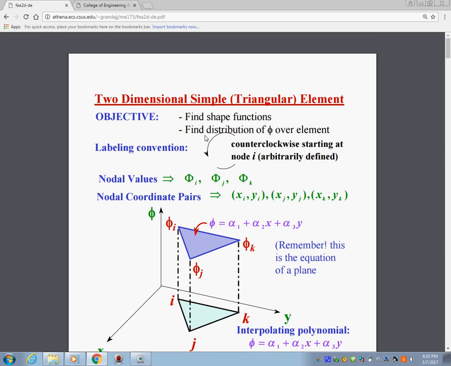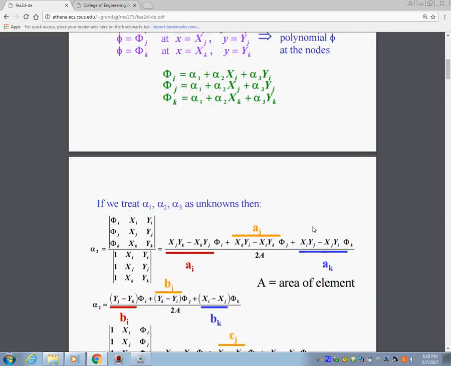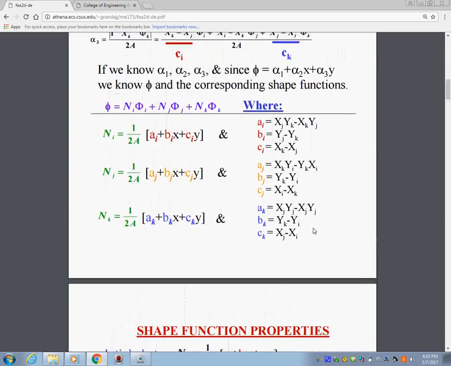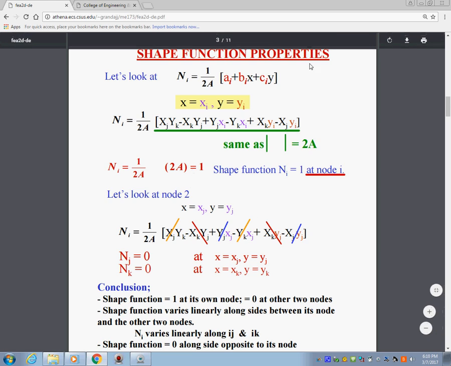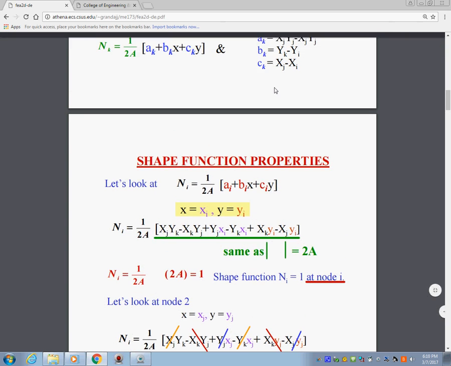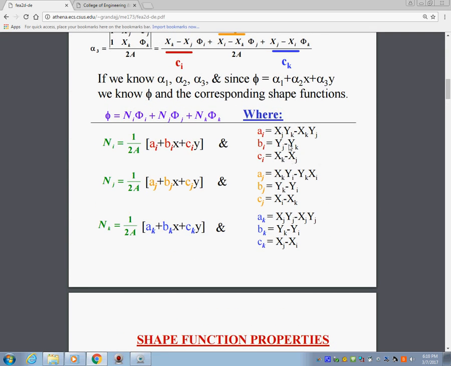And then the second objective is to find the distribution of phi over the element. Okay, so in here we will have to think about a little bit of the properties of the shape functions and what these expressions actually mean. So N sub i, for example, is 1 over 2A times a sub i, b sub i, c sub i. I already showed you what those were here, okay?